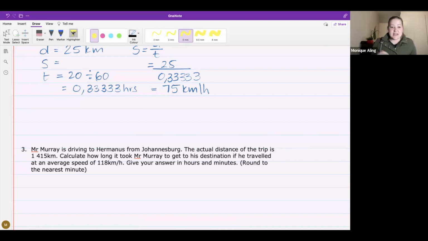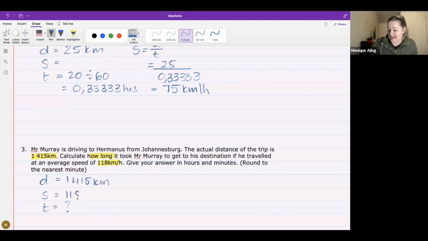Okay, so the key points is our distance. We've got a speed, and we want to know the time, how long it took Mr. Murray to get to Hermanus. So we've got our distance, speed, time. Time is not working out this time around. Distance is 1,415 kilometers.